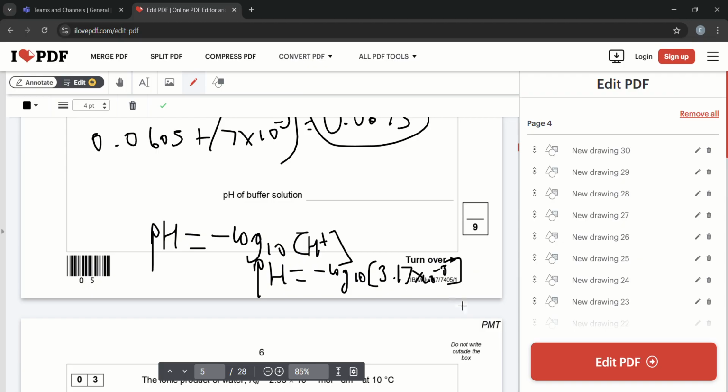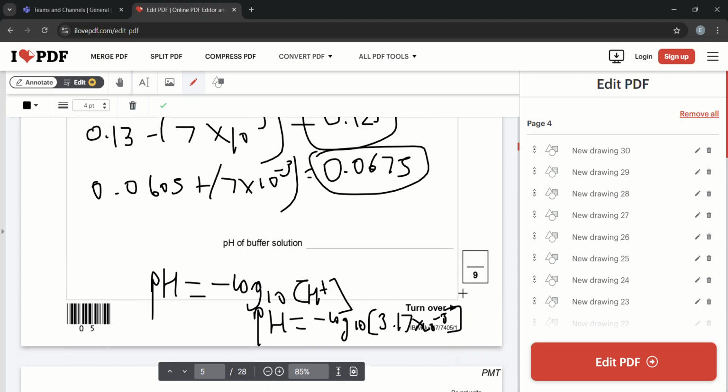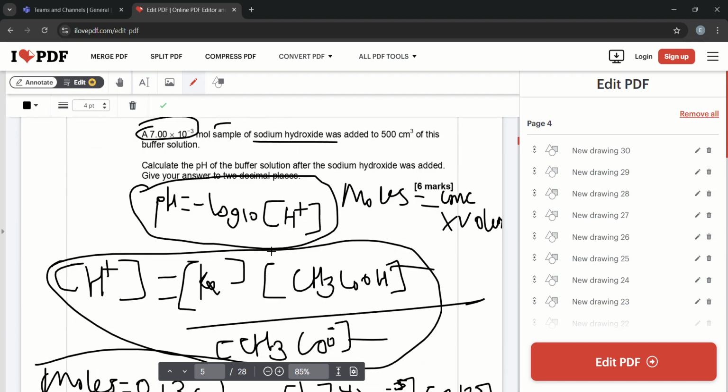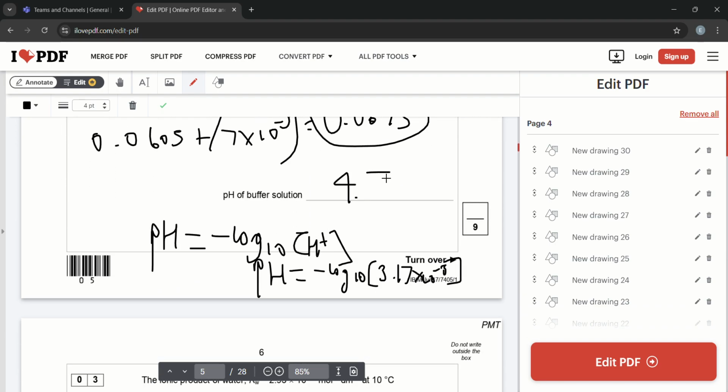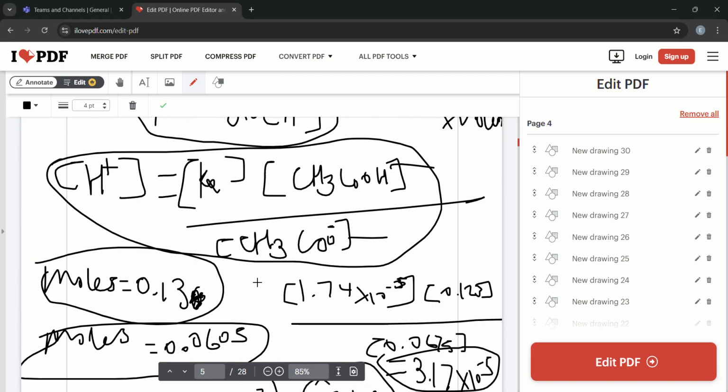Hopefully you know how to calculate the minus log 10. I get 4.498940, so to 2 decimal places, it's going to be 4.50. And that is how you do it, and that is the end of question 2.